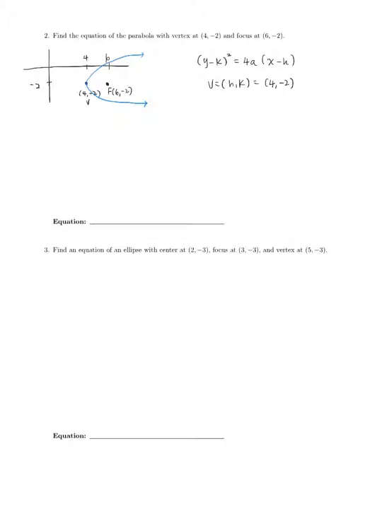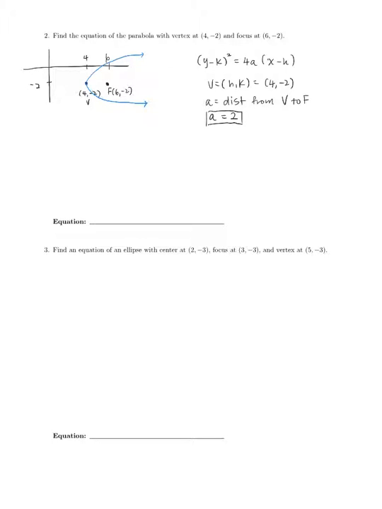Now let's get the little a. Now a is nothing but the distance from vertex to focus. So let me just write it as v to f, vertex to focus. So it looks like our a is going to be vertex to focus, 6 minus 4, so it's 2.